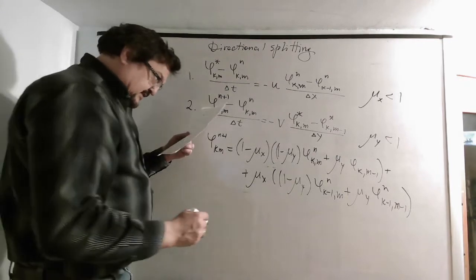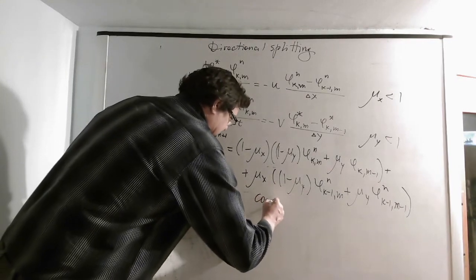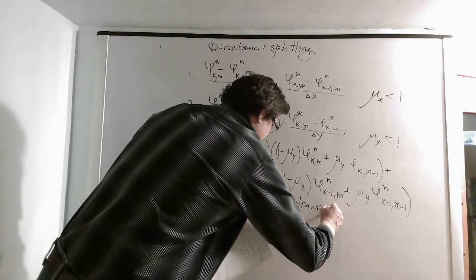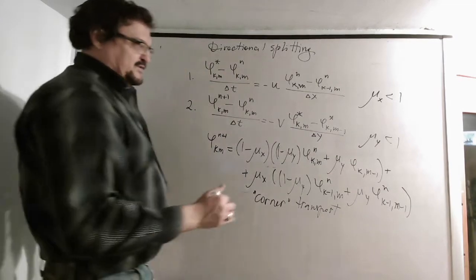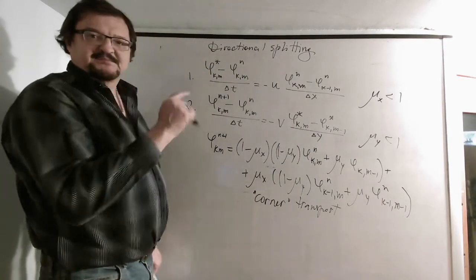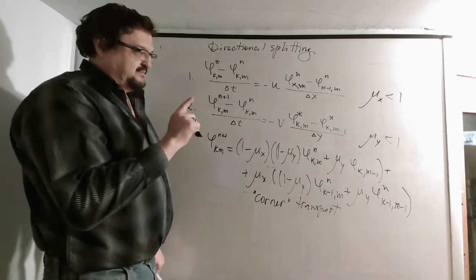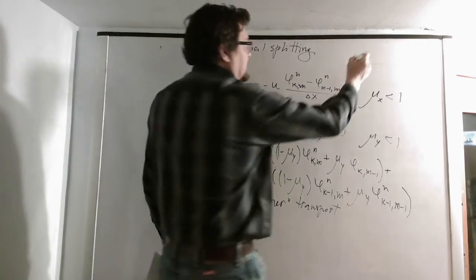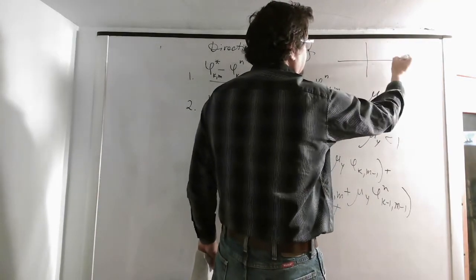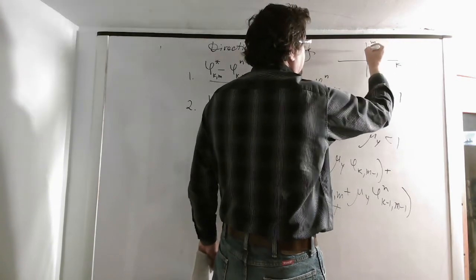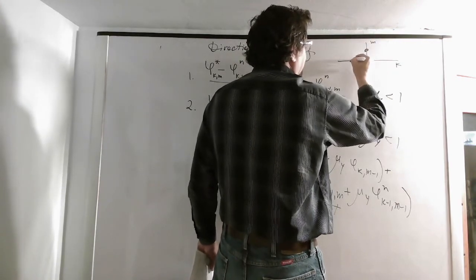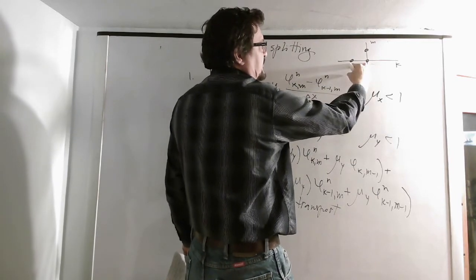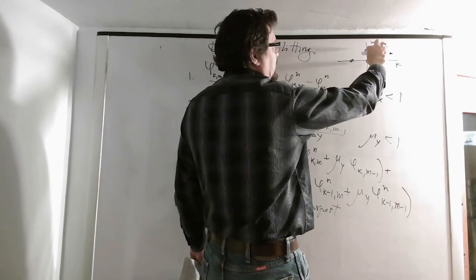And this scheme is called corner transport. Not upstream biased. Why corner? Because you see, unlike our direct expansion of our one-dimensional upstream bias scheme into the two-dimensional case, where we have k and m, our pattern looked like this. We used these 2 points for the x direction and these 2 points for the y direction.